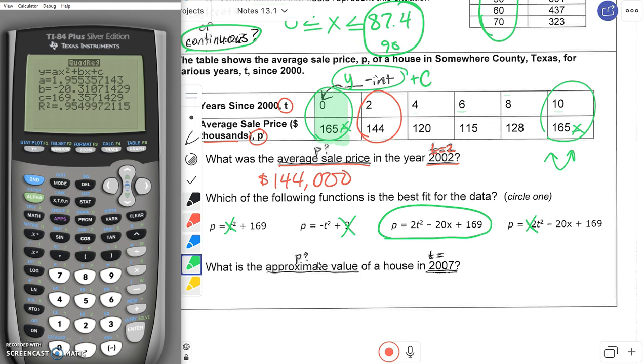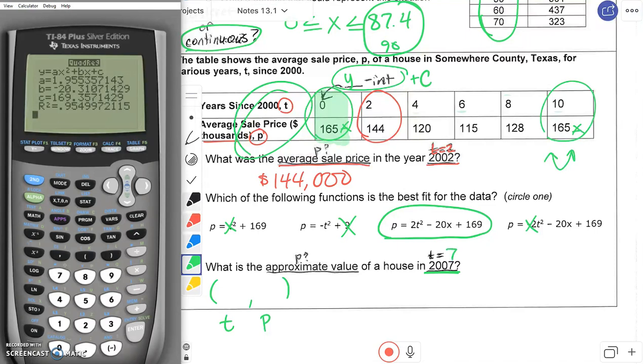Awesome. So now, when they're going to find the approximate value of it, I've got to think about this like a point, because right now, my calculator knows x, y. Which one would I consider as my x value? It's going to be the t, and then p for that, because I'm looking back at my table. So what's my t value going to be if it's 2007?